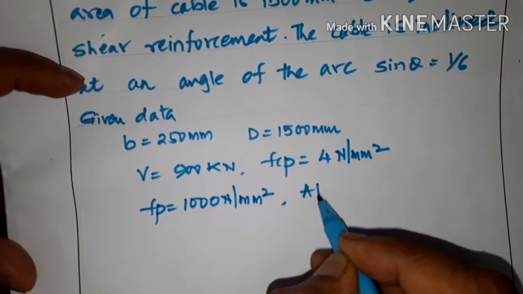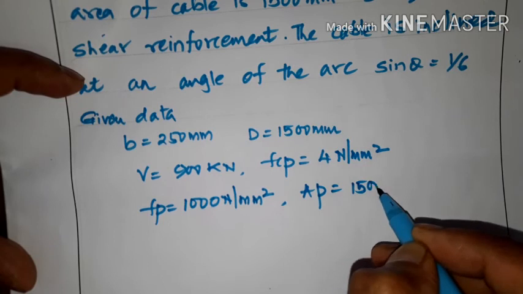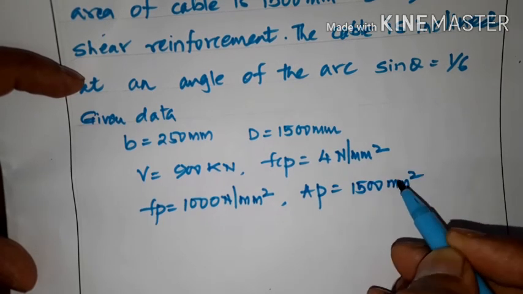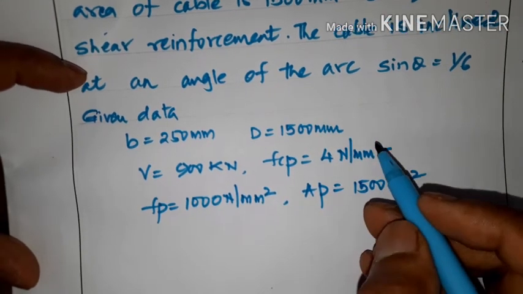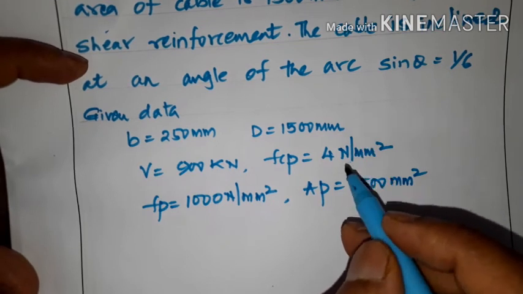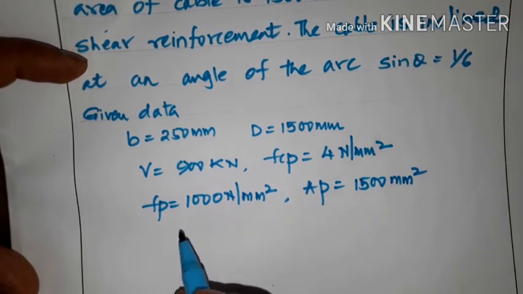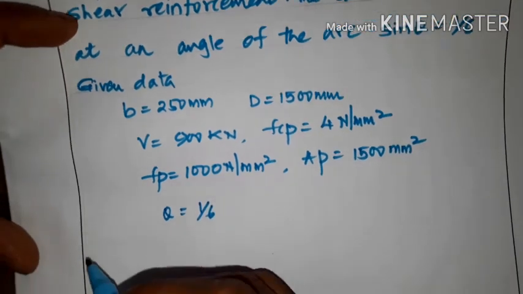The area of pre-stress AP is 1500 mm square. Then theta is 1/6.